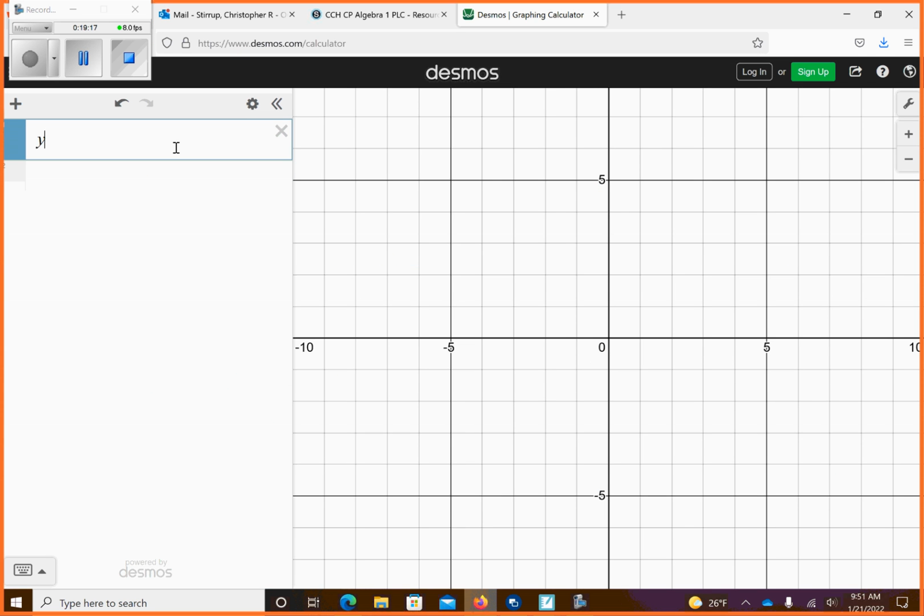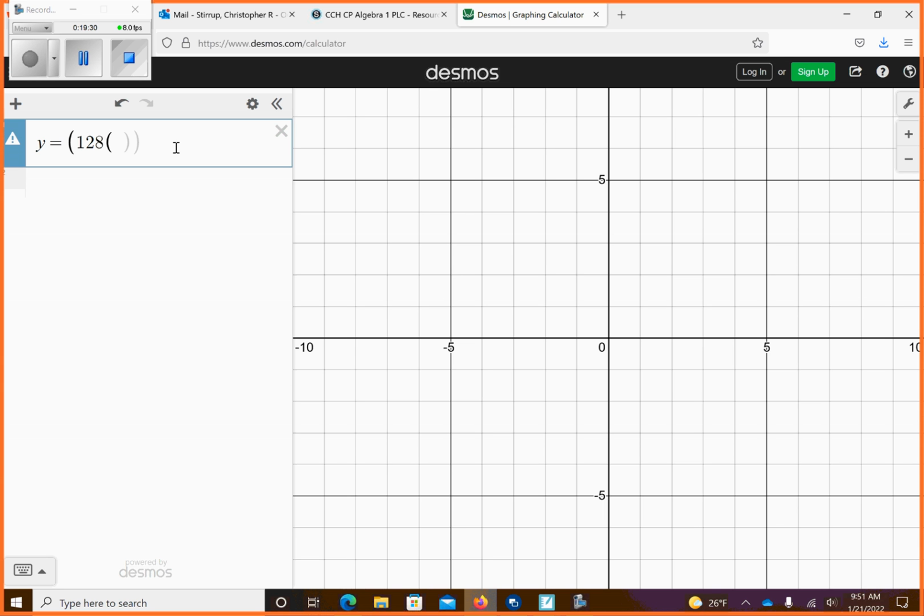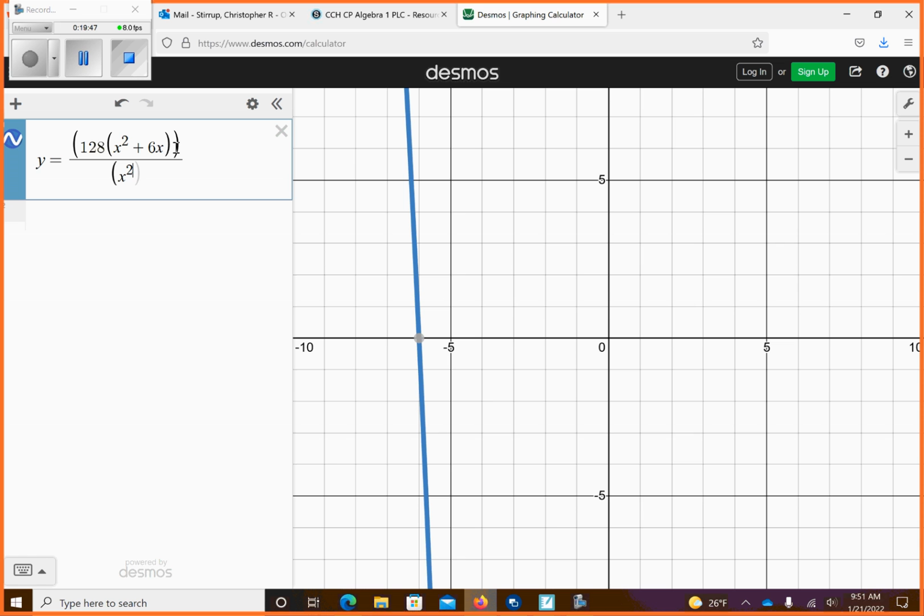Let's see. I'm going to go y equals parentheses 128 times x squared plus 6x, divided by x squared plus 6x plus 18, and that quantity is squared.